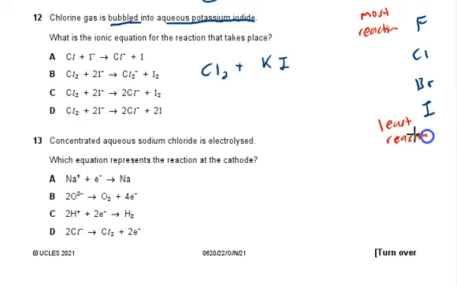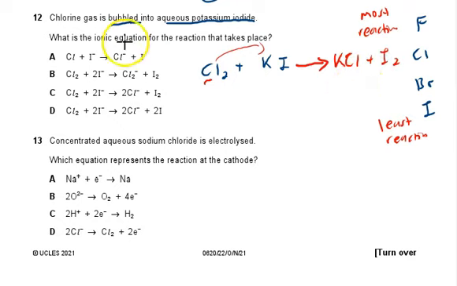So here what happens is you have a displacement reaction. The chlorine is much more reactive than the iodine, so the iodide will be displaced. So you have here potassium chloride, and here you have iodine.